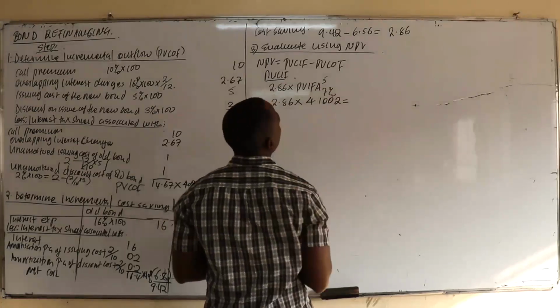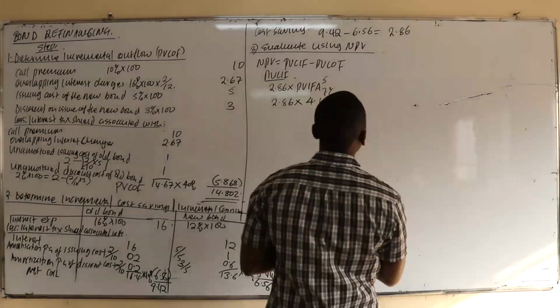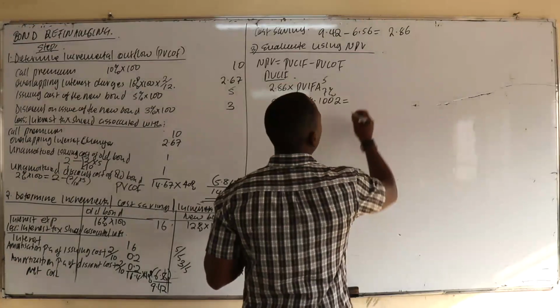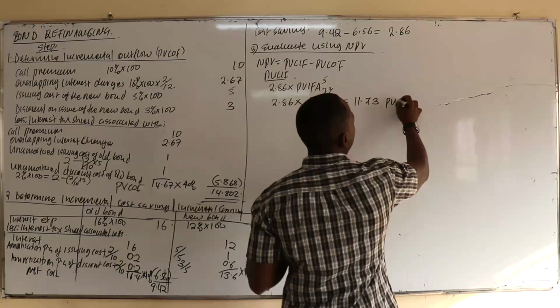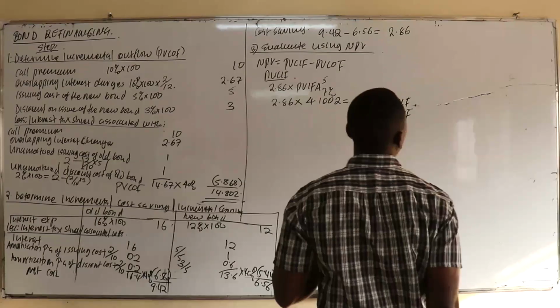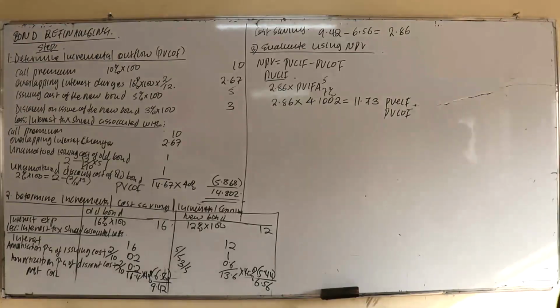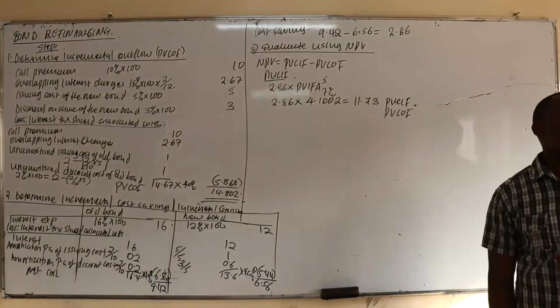4.1002. So how much will be the present value of cash inflow? 11.73. So that's the present value of cash inflow. To get NPV, you less the present value of cash outflow. How much is the present value of cash outflow? Outflow is not in the notes.